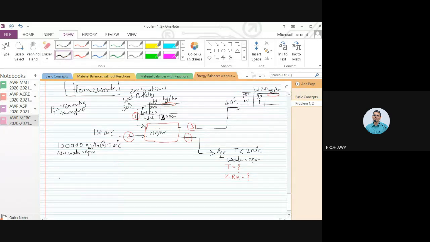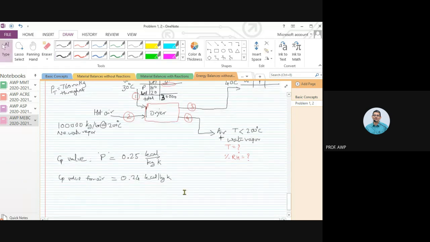Okay, let me give you some CP values. Let's assume that the CP value for P is 0.25 kilocalories per kg Kelvin. CP value for air, let's assume that it is 0.24 kilocalories per kg Kelvin.